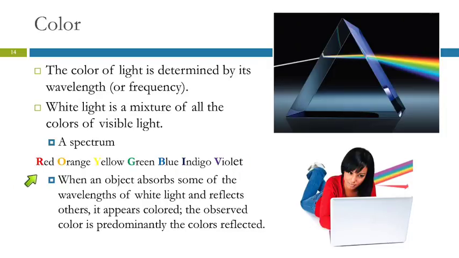So if you separate them, and you can separate them with a prism, because as the light goes through these surfaces, the air and the prism material have different indexes of refraction. And so they're going to bend the light at different angles depending on the wavelength of the light.